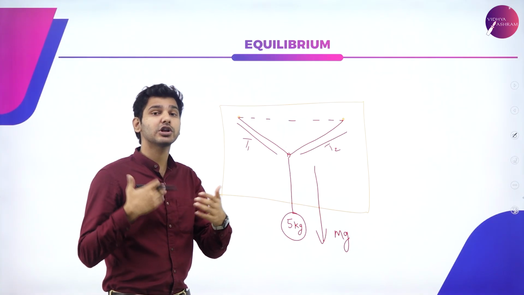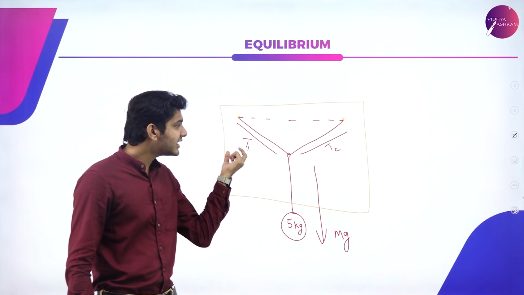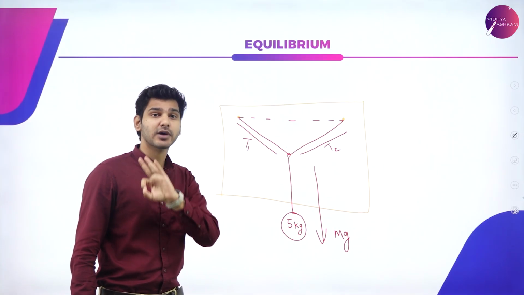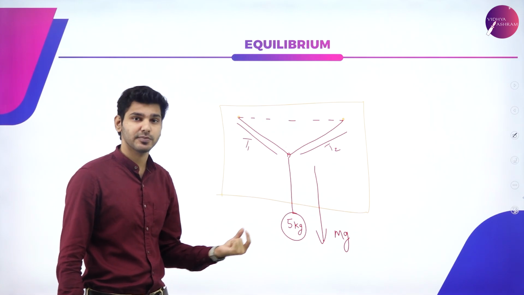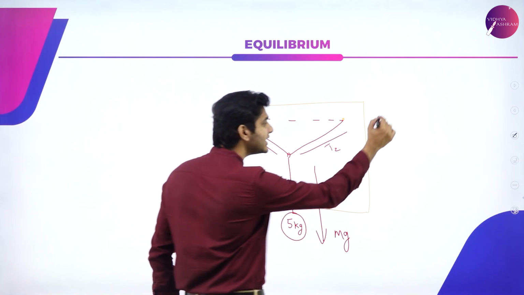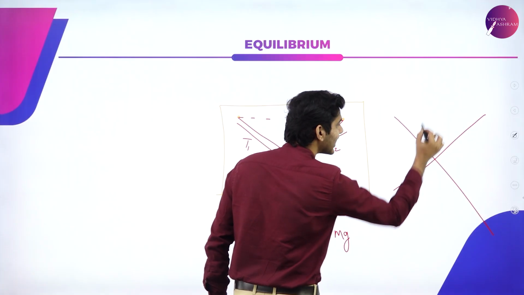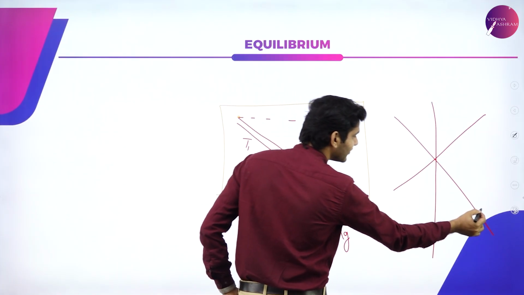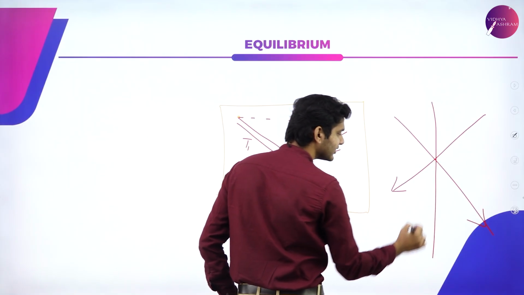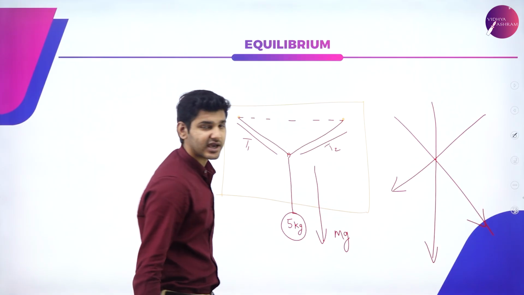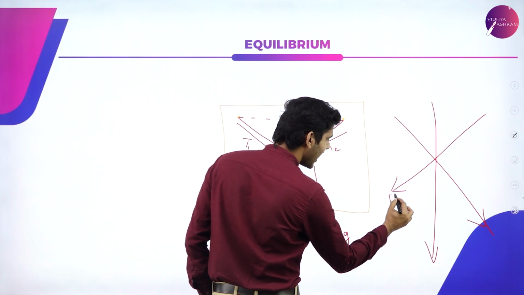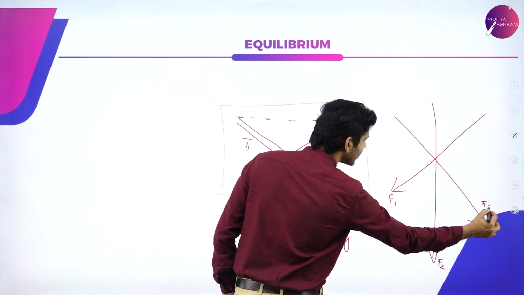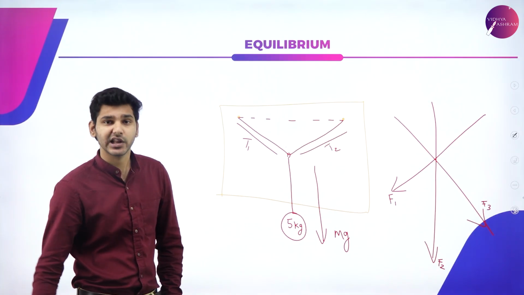What I want you to understand here is that there are 3 forces, 3 vector components acting on this plane, which means there are 3 vectors acting like this, let's say vector 1 going in this direction, vector 2 going in this direction, vector 3 going in this direction, or simply forces F1, F2 and F3 acting in 3 different directions.